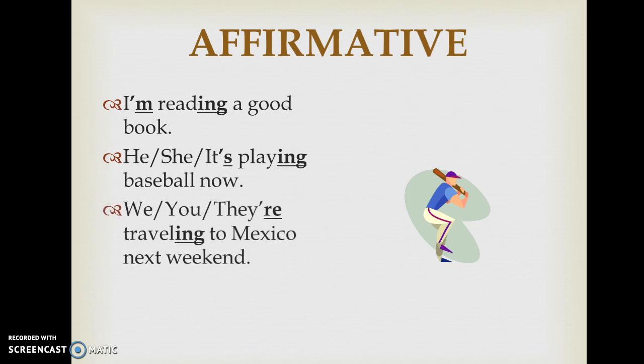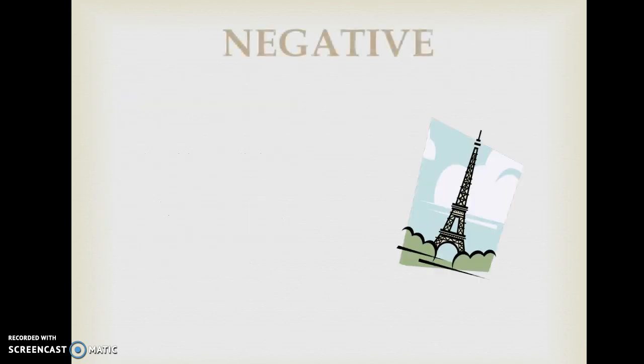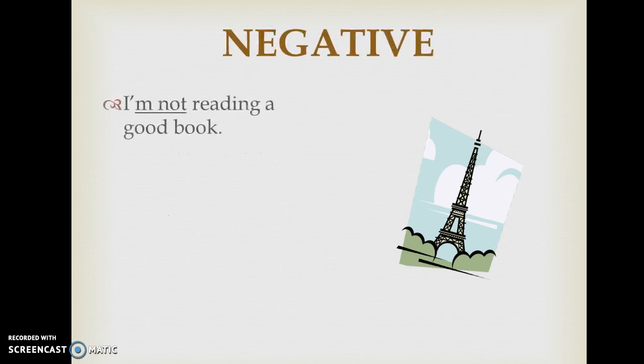We, you, they are traveling to Mexico next weekend. This is a different example. We have the verb to be plus the verb plus ing, but the complement is different. Next weekend means that we are talking about a scheduled, a planned event that will take place in the future, not at present.